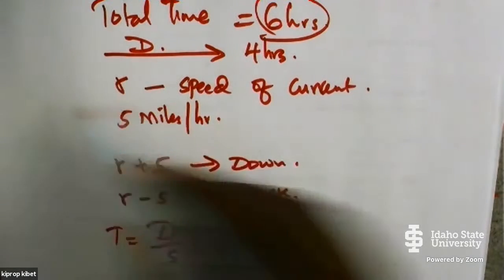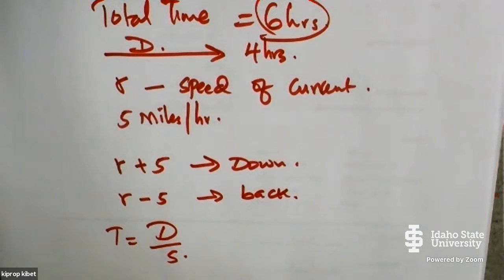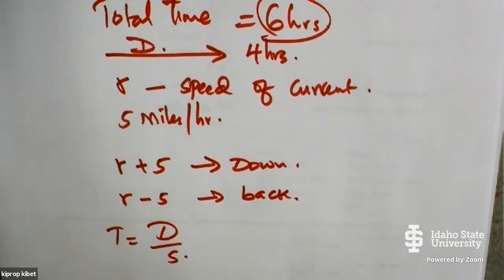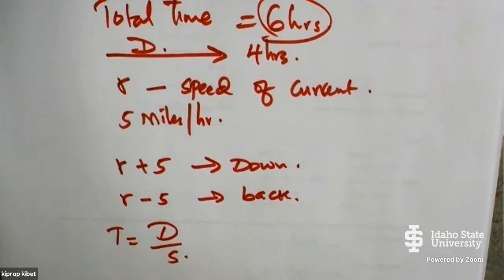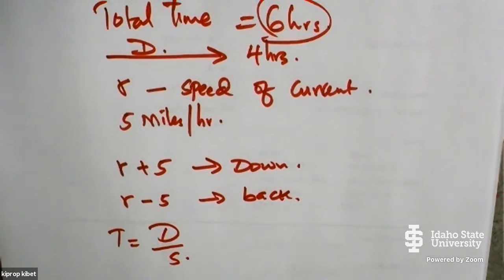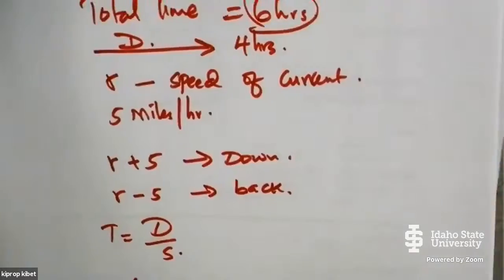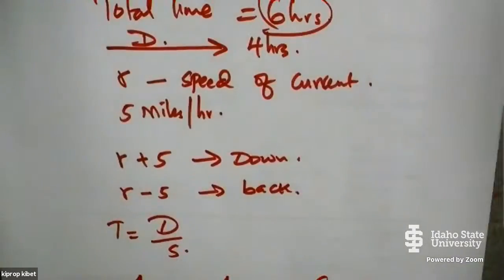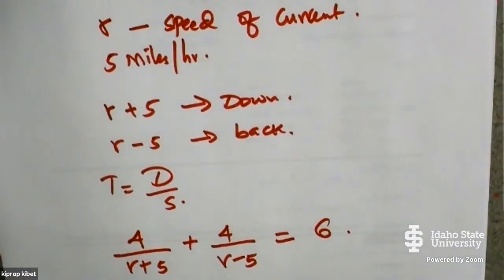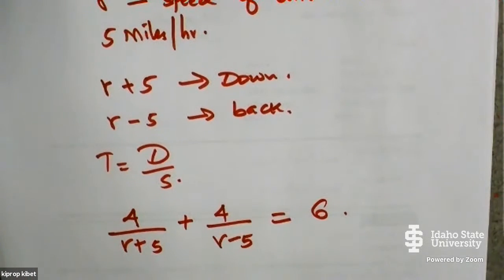So we have the distance going, which is 4, all over r plus 5, plus coming back 4 all over r minus 5, equals the total time, which is 6. So now you formulate the quadratic equation. That is the equation.